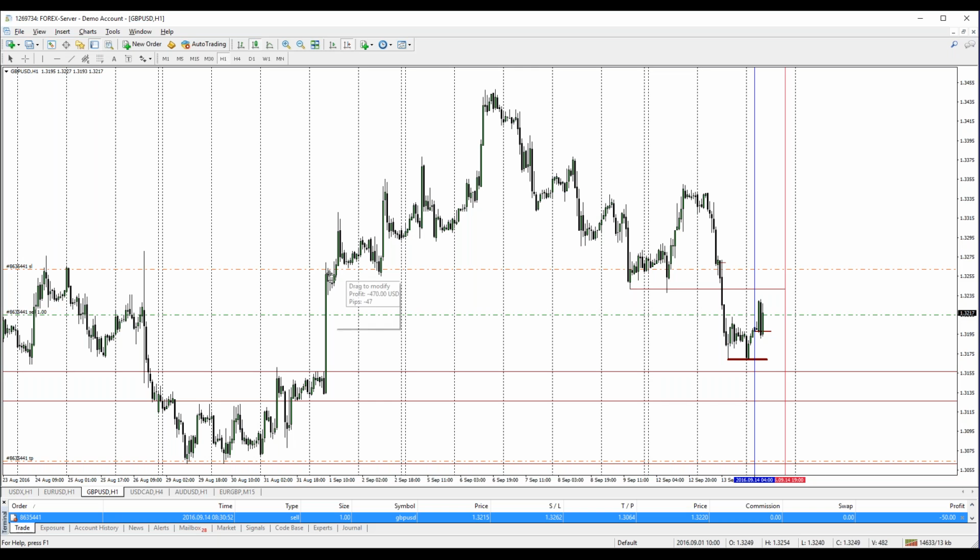And we really didn't see much reaction at that high impact news release at 4:30. Okay, I've got 6 minutes left of the ICT London kill zone. It has to start marking some daily range for the lower end.